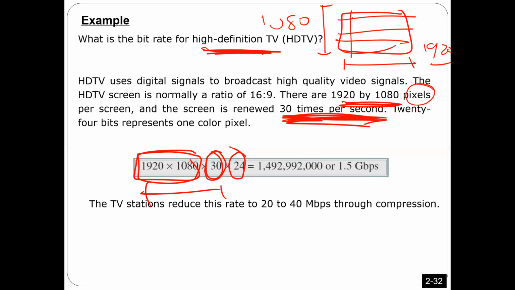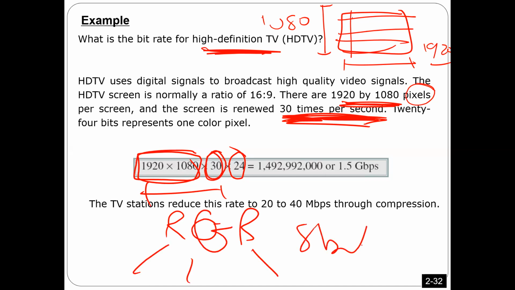You know why every pixel takes 24 bits? Because every pixel is represented by 3 colors, RGB, and every one of them takes 8 bits. 8 times 3 is 24. Again, every picture has this number of pixels.